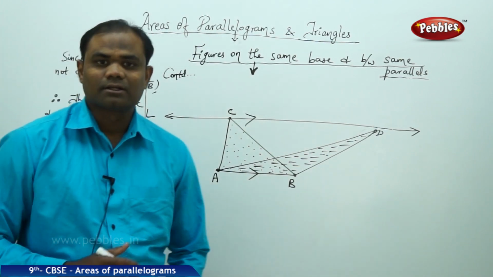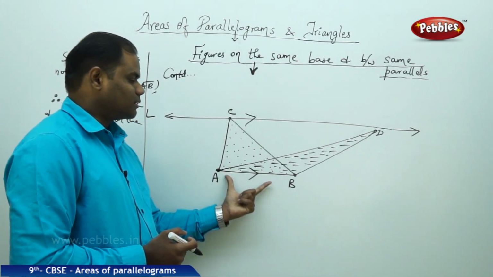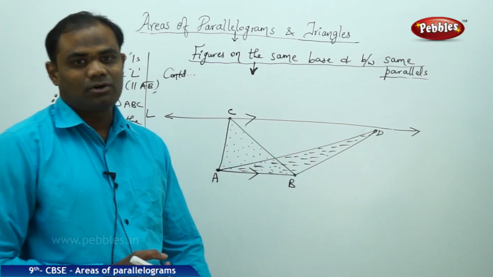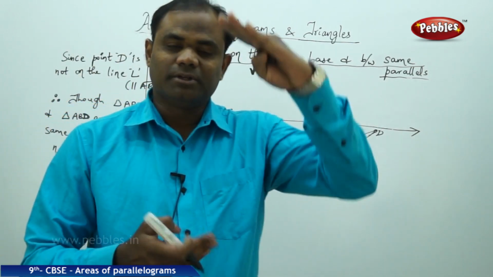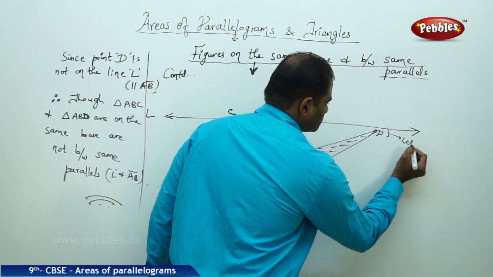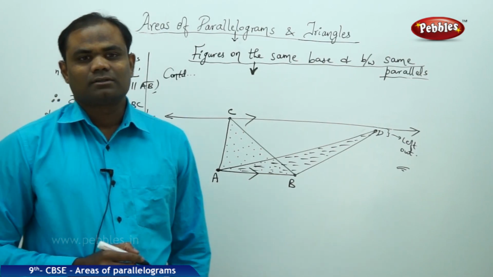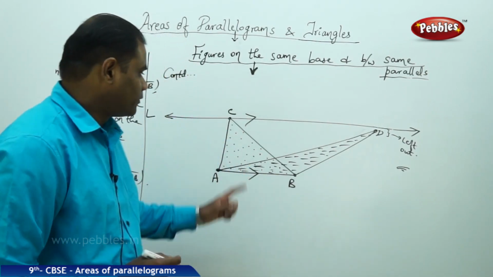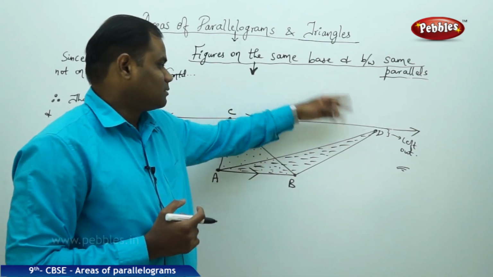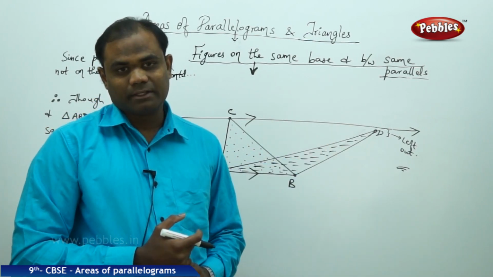This is how I understand this exclusive problem. Triangle ABC is on the same base and between the same parallels, but triangle ABD is on the same base AB but not between the same parallels. This region is left out. So two regions are said to be between the same parallels if their remaining vertices other than the base entirely lie on the parallel lines.